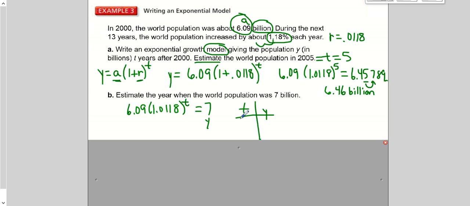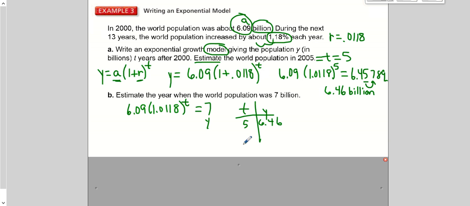So if I try 5, well, 5 was 6.46. We already did that one. So let's count by 5s. Let's go with 10. If we put in a 10, we do 6.09 times 1.0118 up to, use that little caret up arrow to get your exponent. Put in a 10, what do you get?